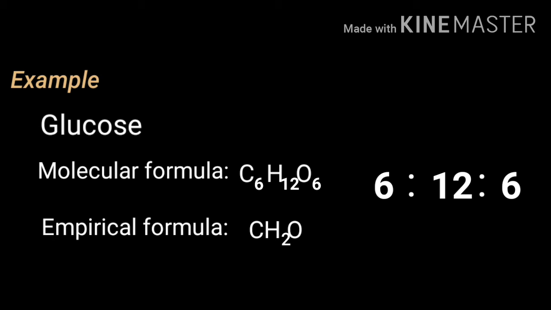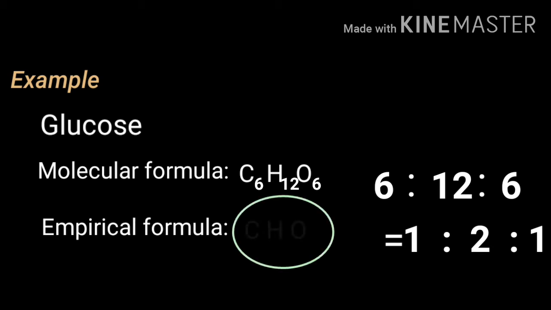That is, 6:12:6 is equal to 1:2:1. Hence, its empirical formula is C1H2O1, that is CH2O.